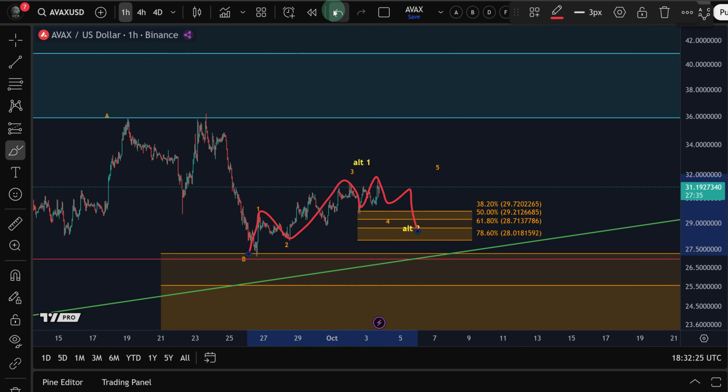In this way of labeling, the third wave did not get to the 138% extension, which is my ideal target. So from that point of view, I'm not convinced that we have actually reached 5 waves. Even having the third wave here is a bit speculative, because even that hasn't reached the 138% extension, but it's better, and it's what other coins have done as well.